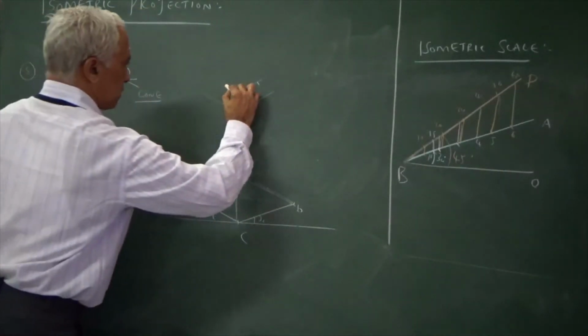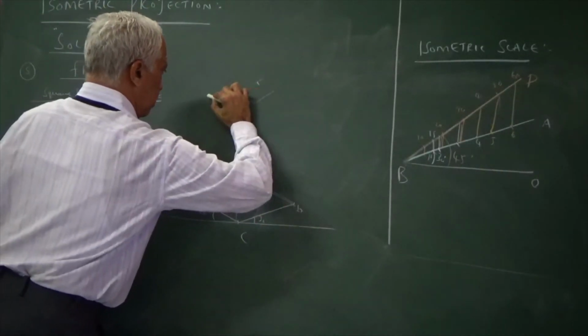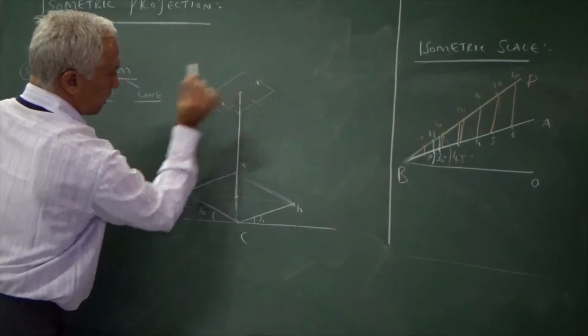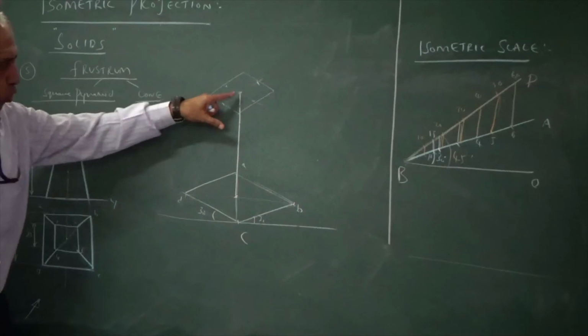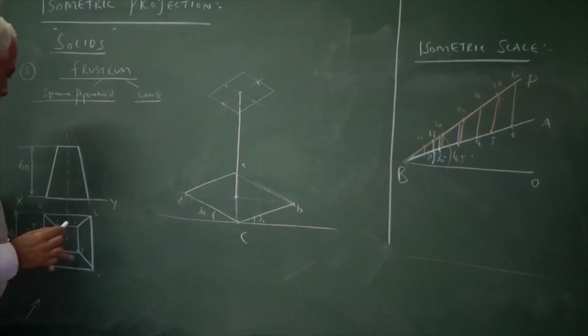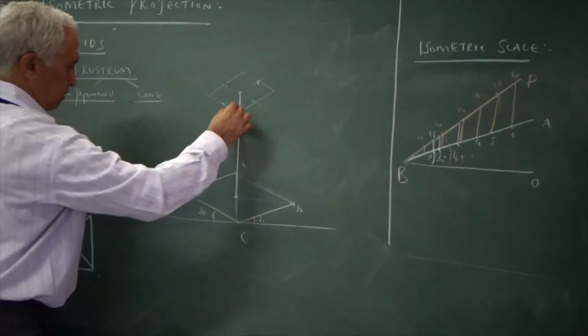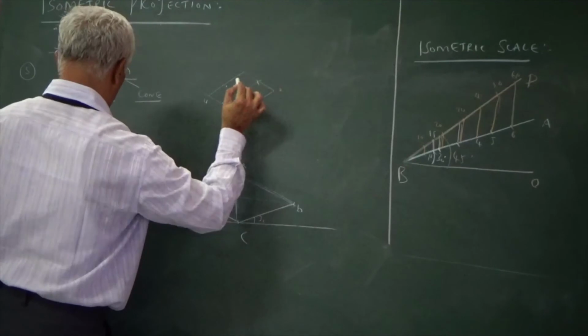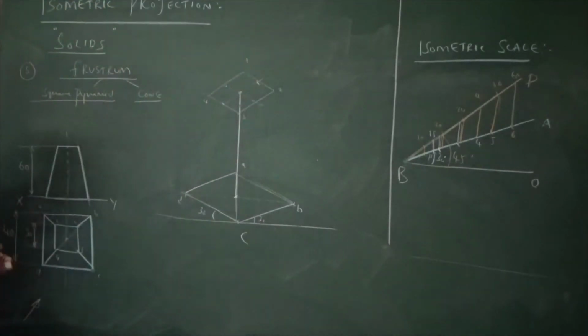And from these draw parallels to the opposite sides. So I am drawing a square with center as reference, and if I complete, you can see the points 3, 4, 2, and opposite is 1.